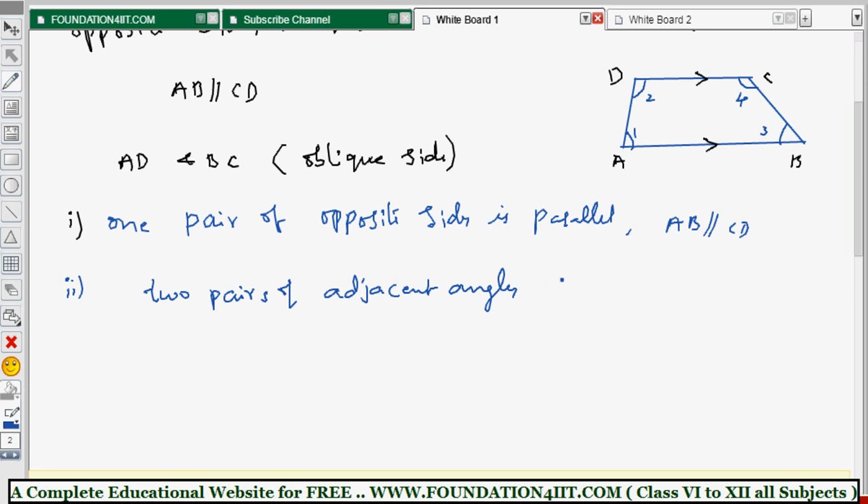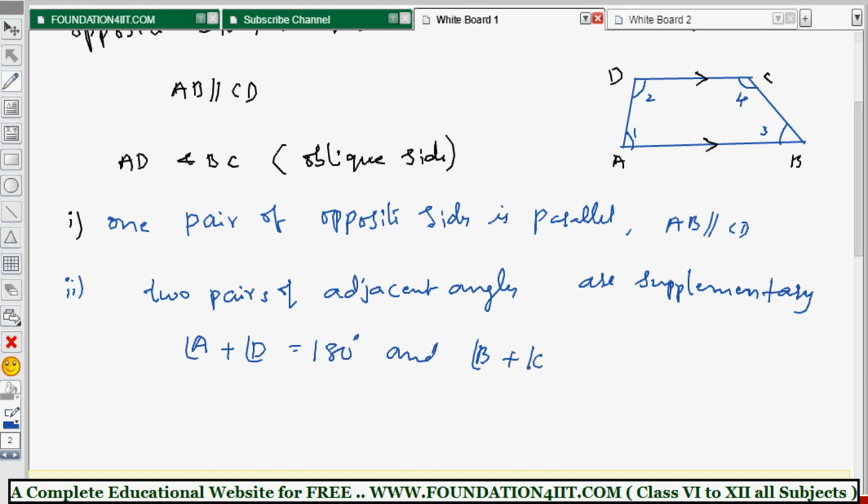Then we can say two pairs of adjacent angles are supplementary: angle A plus angle D is equal to 180 degrees, and angle B plus angle C is also 180 degrees.